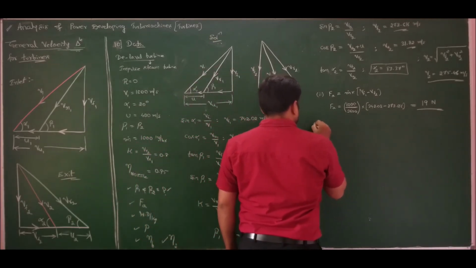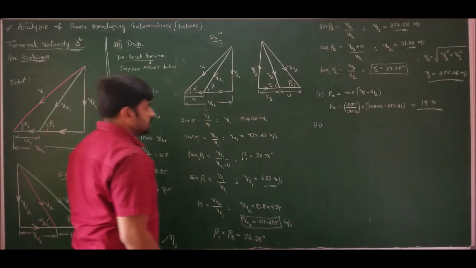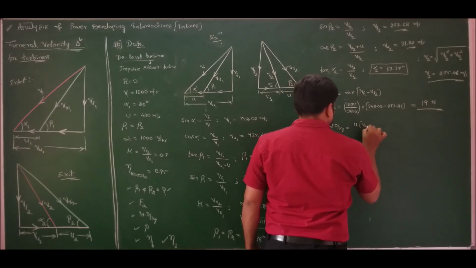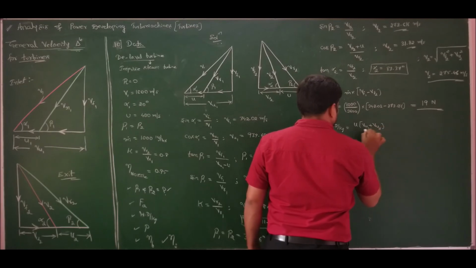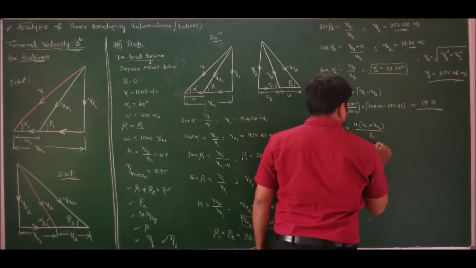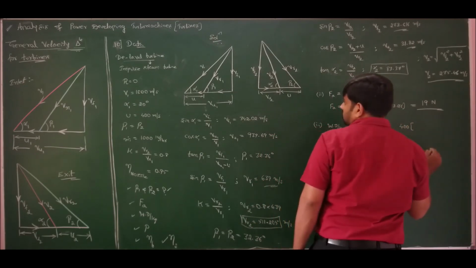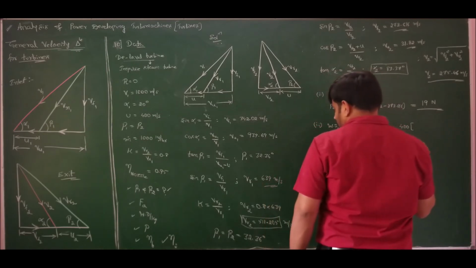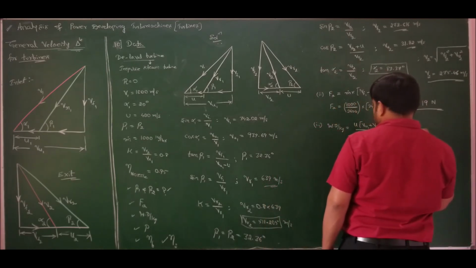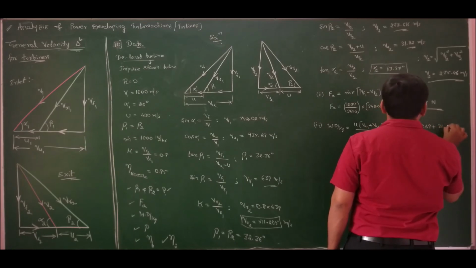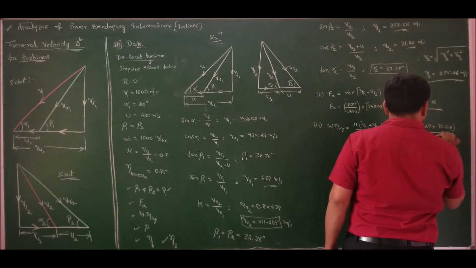Coming to the third case, what has been asked is work done per kg. We know that work done per kg is U into VU1 plus VU2 by GC. U is 400 given. VU1 is 939.69, calculated, plus VU2 is 31.82, divided by GC, which is 1.